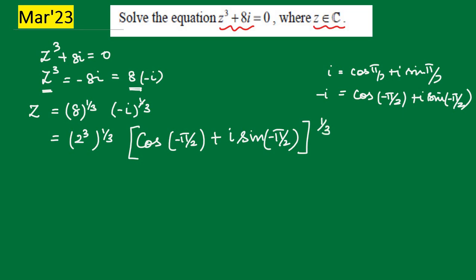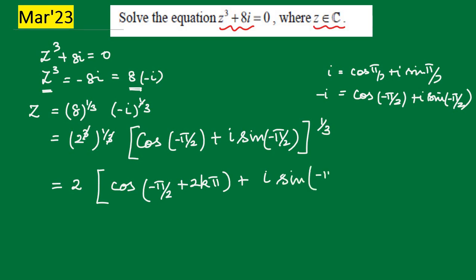Before applying De Moivre's theorem, what is the working rule to solve the equation? Add 2k pi. So we get 2 times cos of minus pi by 2 plus 2k pi plus i sin of minus pi by 2 plus 2k pi, whole to the power of 1 by 3. Next apply De Moivre's theorem.